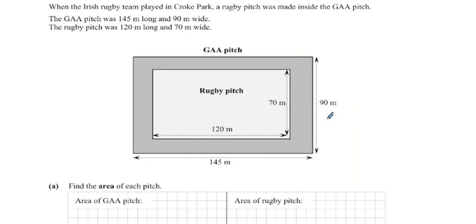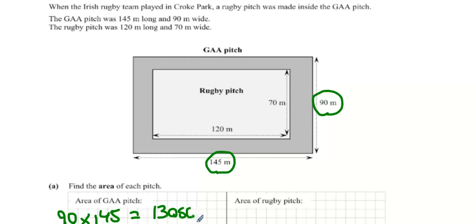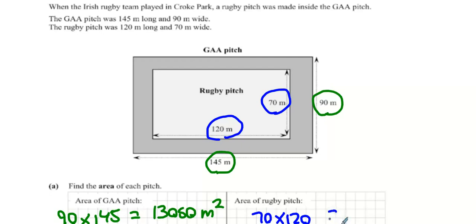How do you get the area of a rectangle? So you multiply 90 by 145 and what do you get? 13,050 meters squared. Next thing, we need to get the area of the rugby pitch. So what's the area of the rugby pitch? 8,400.